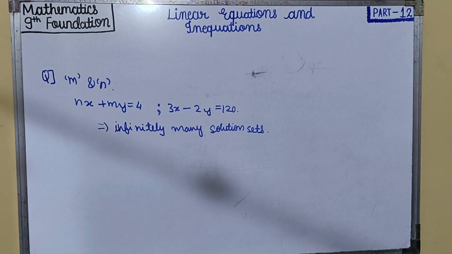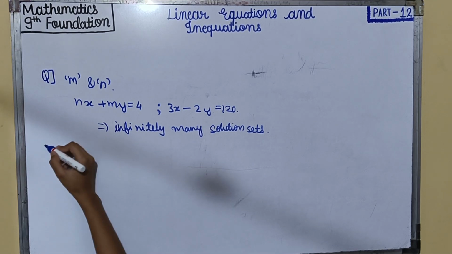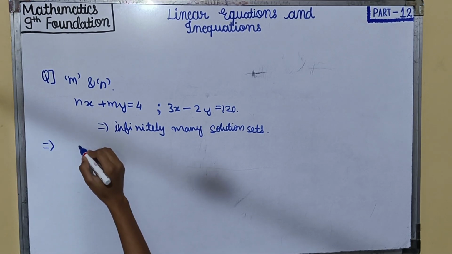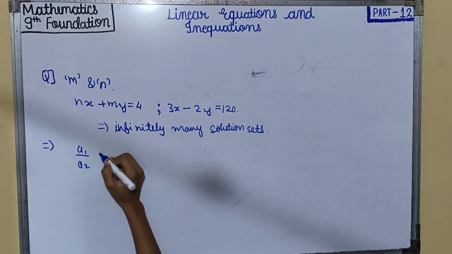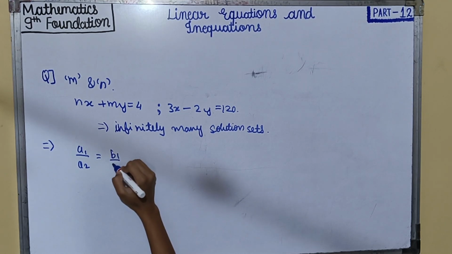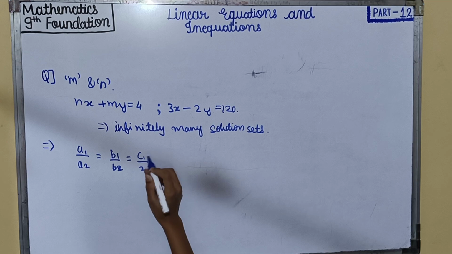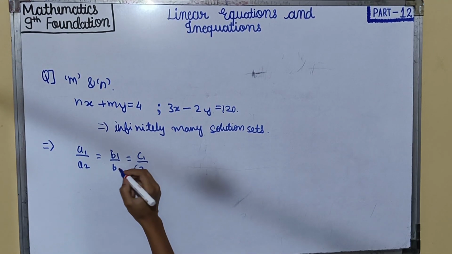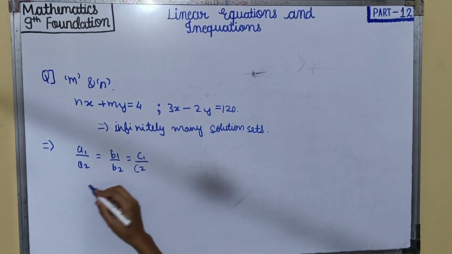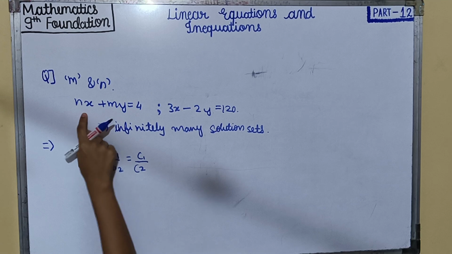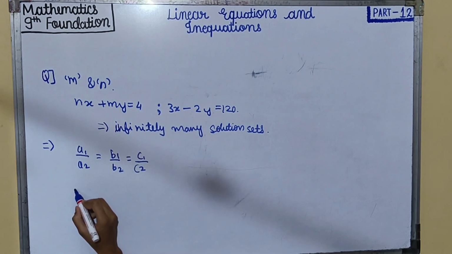So over here, one clue they have given is that the system will have infinitely many solution sets. This means the equations would be in the form a1 upon a2 is equal to b1 upon b2 is equal to c1 upon c2. So for that, we'll write the coefficients.